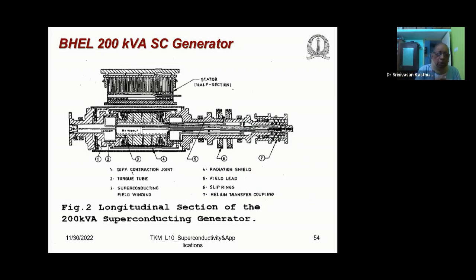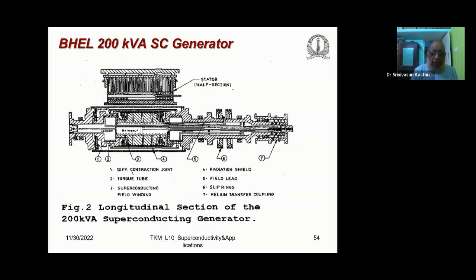Now, in the BHEL 200 kVA superconducting generator, which was developed by BHEL Hyderabad, again we have a superconducting rotor, and these are the stator coils on the upper part. I'm sorry for the poor quality of this particular slide. It is about 25 to 30 years old.